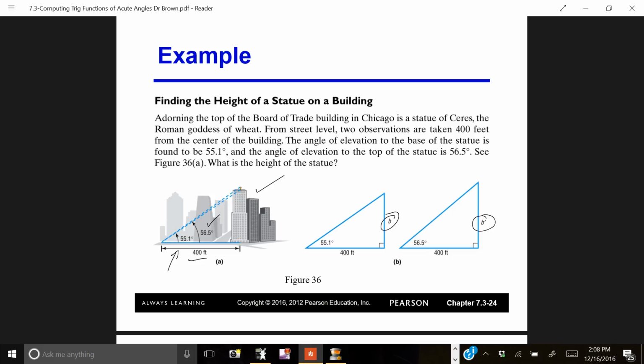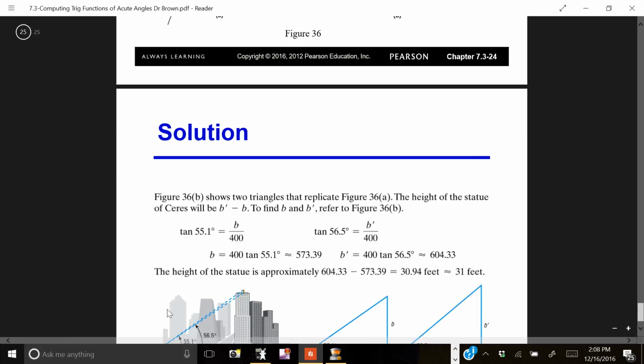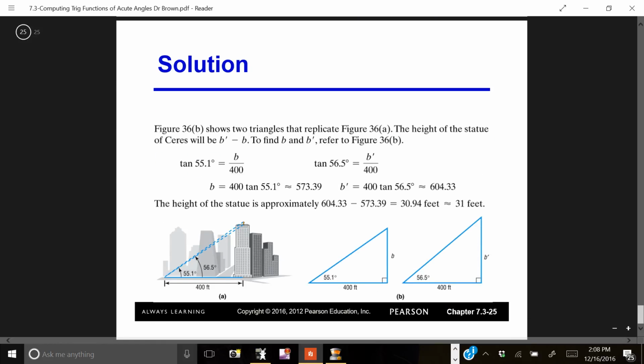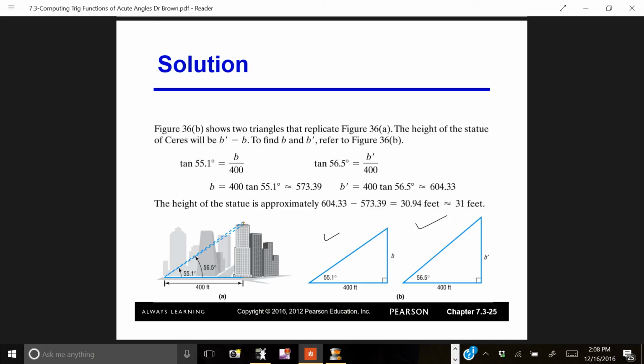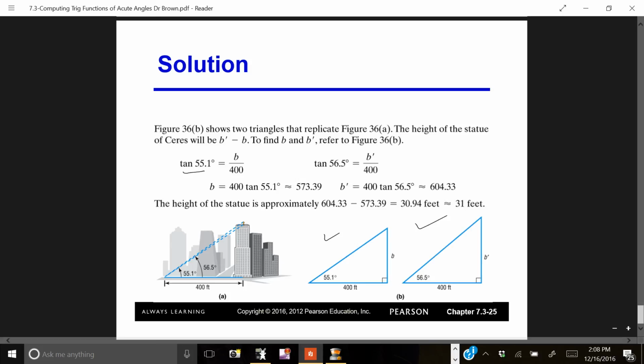So let's calculate this. We can look at the next page, and we've replicated the triangles here. We can write that tangent of 55.1 degrees is equal to B over 400, and that the tangent of 56.5 degrees is B prime over 400.